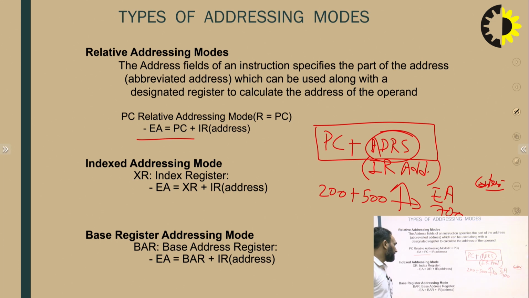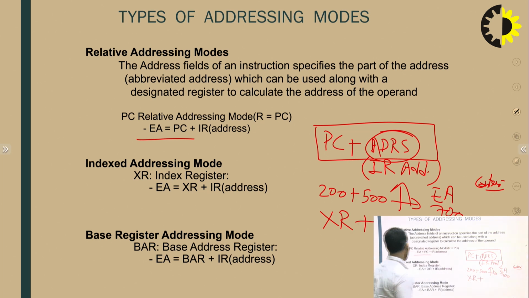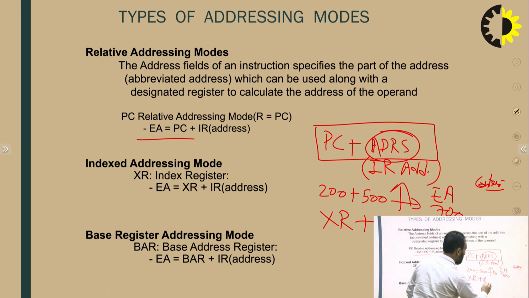What is index addressing mode? It consists of XR, the index register value, plus ADRS. What is ADRS?